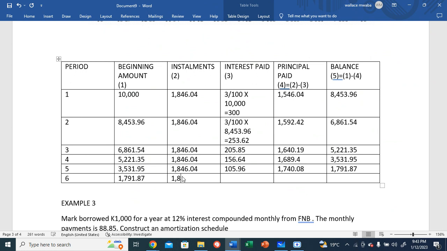Here we have 1,846.04. 3% of 1,791.87 multiplied by 0.03, you're going to get 53.76. Then you're going to subtract 1,846.04 minus 53.76.